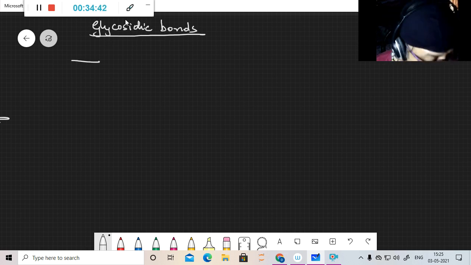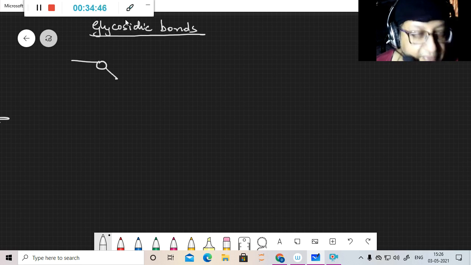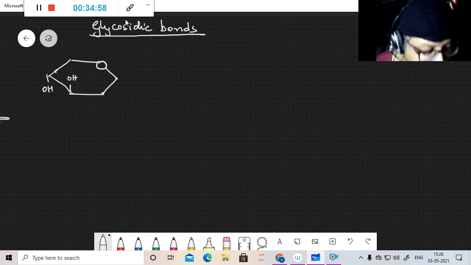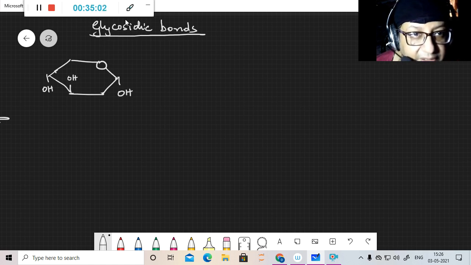Now I am drawing it in a very simple way. I am not drawing the hydrogen. The OH is below. This is the C1. You have the OH below here.